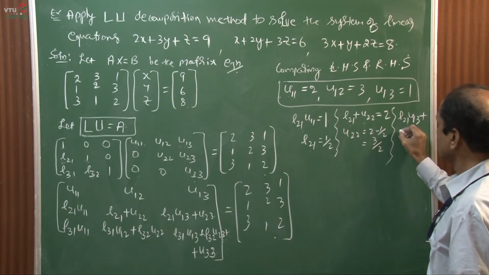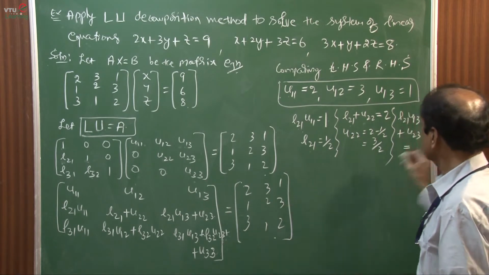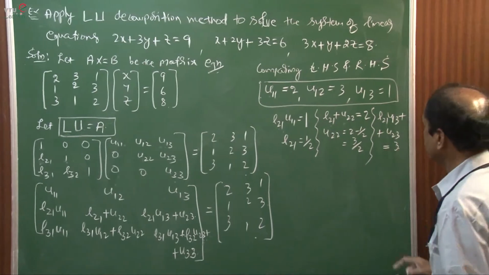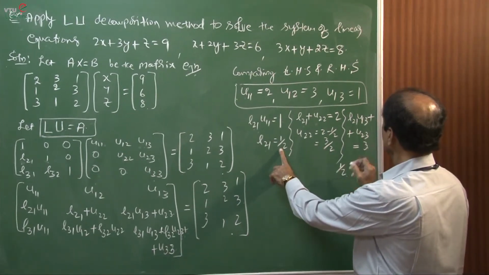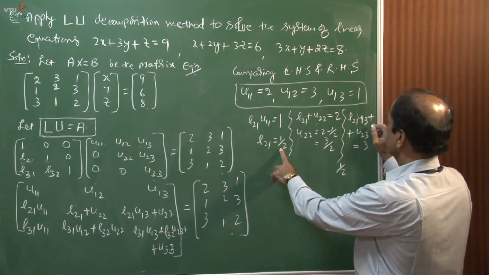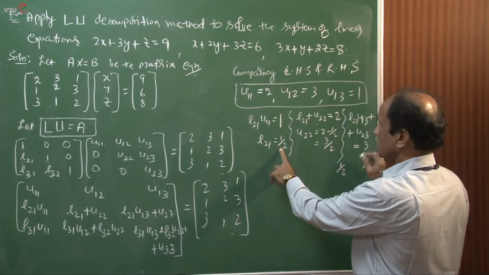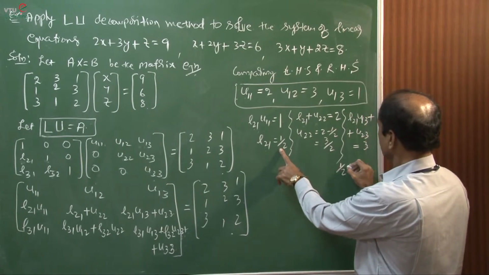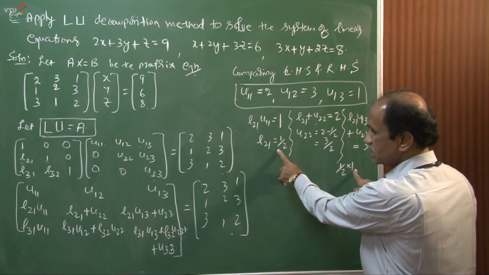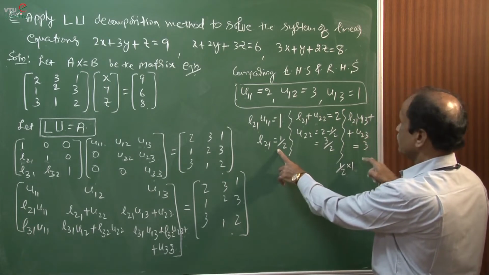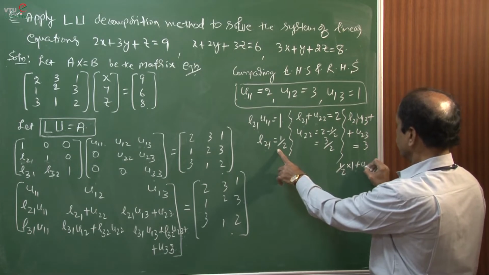U13 plus U23 is equal to 3. Then L21 is already calculated, that is 1 by 2, and U13 is 1. So L21 is 1 by 2, U13 is 1, and U23 is to be calculated.